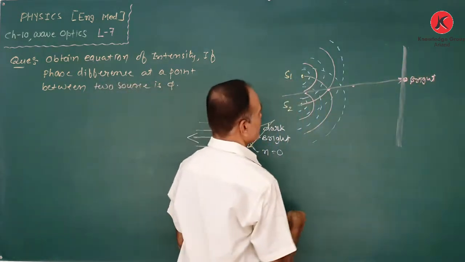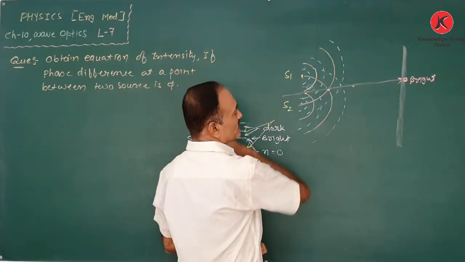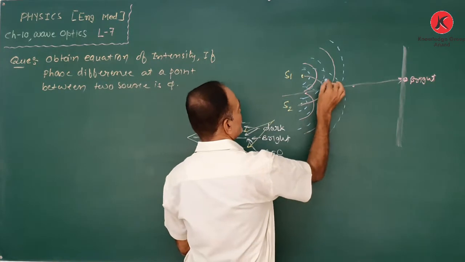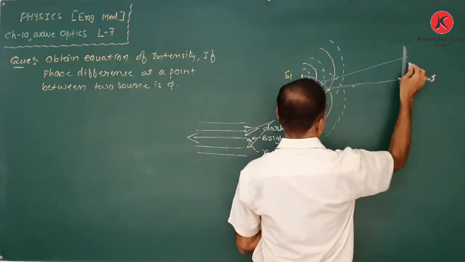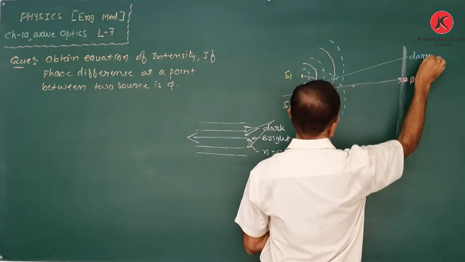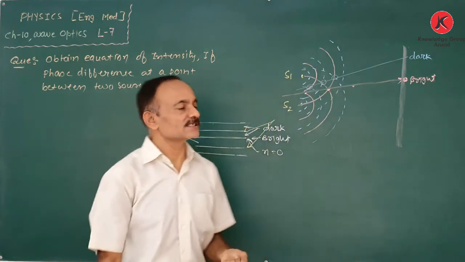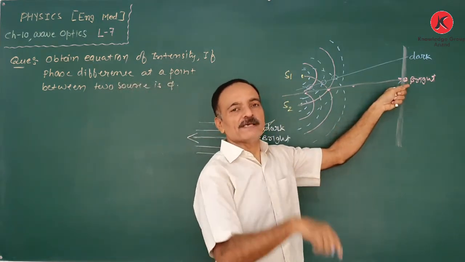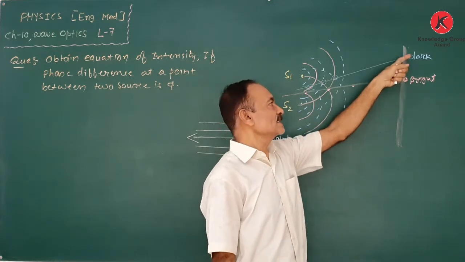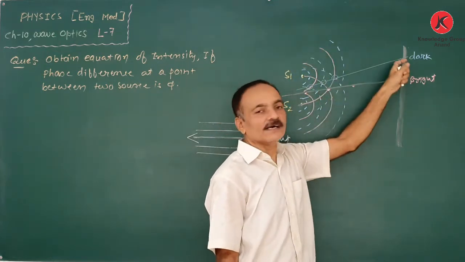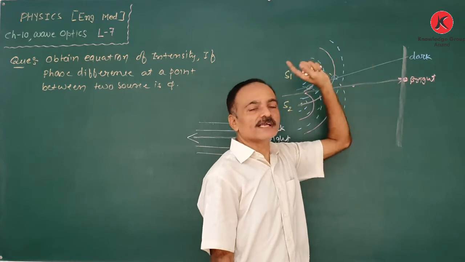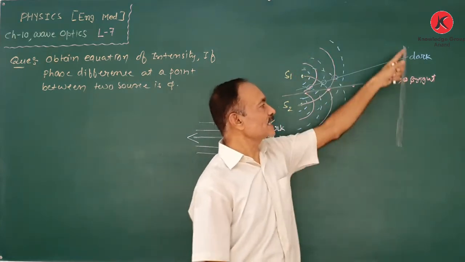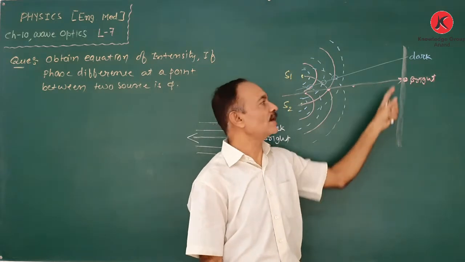At the point where the trough of one is superposed on the crest of the other, the dark fringe, or dark spot, is obtained. So the bright fringe is due to constructive interference, and the dark fringe is due to destructive interference. Clear? So this type of pattern is obtained on the screen.